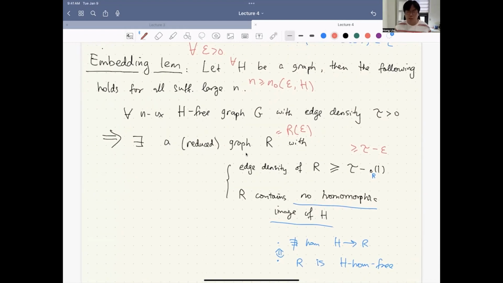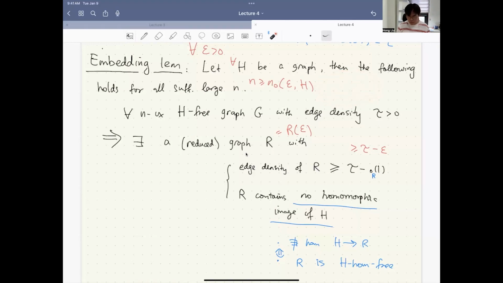This is useful because, again, we bootstrap our property. What do I mean by that? Without losing much. Remember before, we bootstrapped average degree to minimum degree, which is a stronger property, and we only lost a minus epsilon on the average degree. We only lose something that's not harming us.